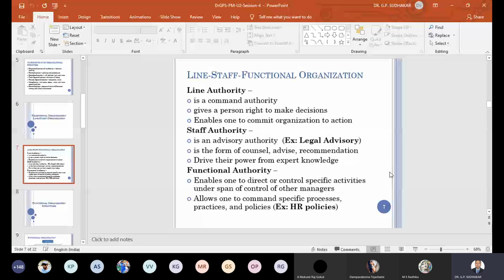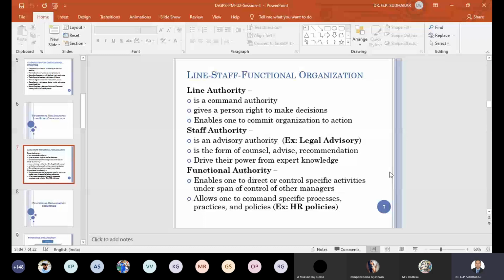Next, what is staff organization? Staff organization is the support activity. Support in the sense they provide advisory services, for example legal advisory. They come under staff authority, such as legal services or audit services.